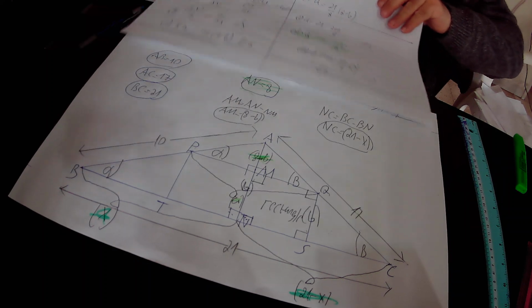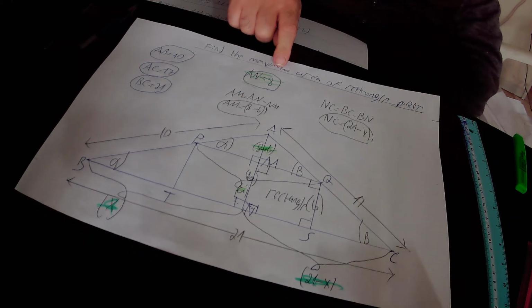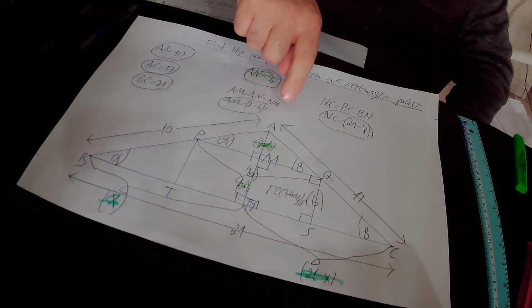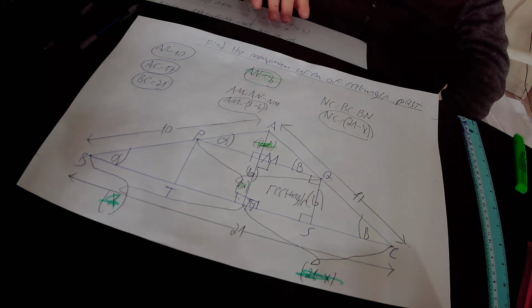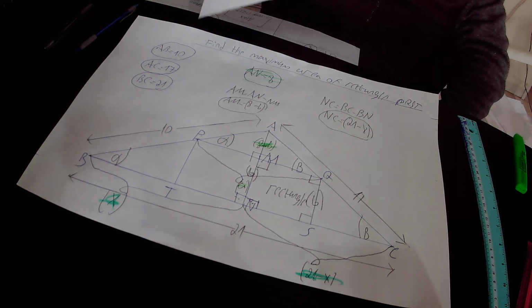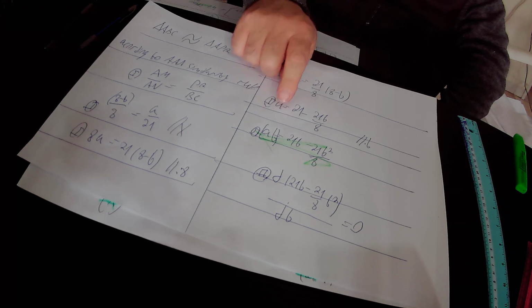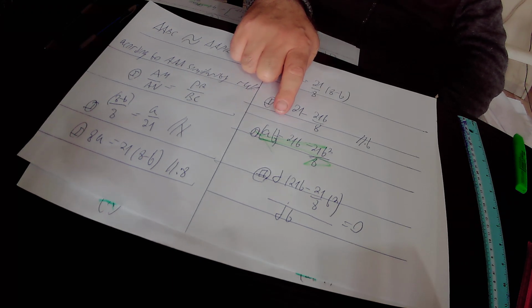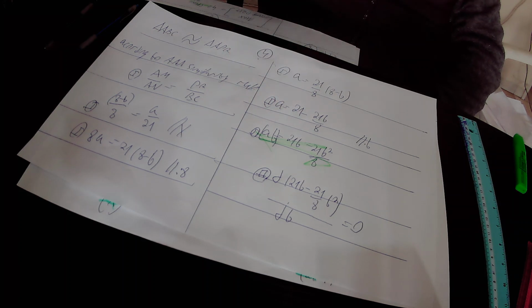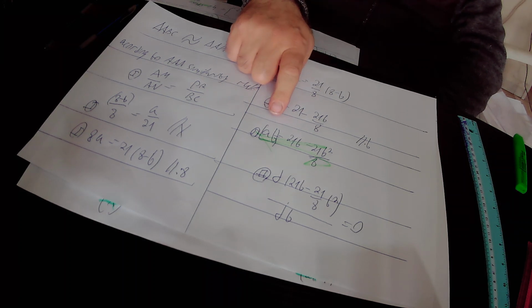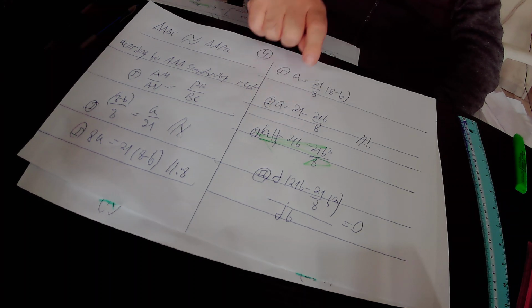So our mission is to find out the maximum area of this rectangle PQST. Or in other words, our mission is to find out the maximum value of A times B, that is the area of rectangle PQST, or for which B the value of A times B will get its maximum value. Okay, for which B will A times B get its maximum value.